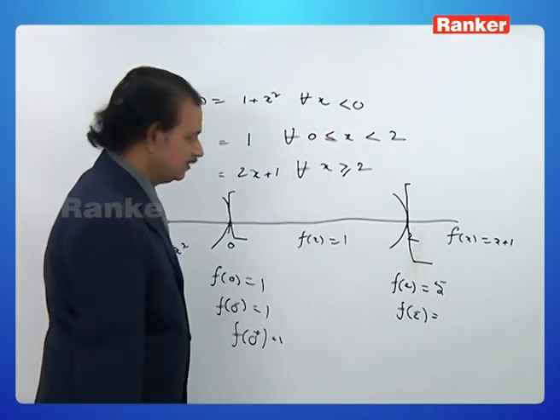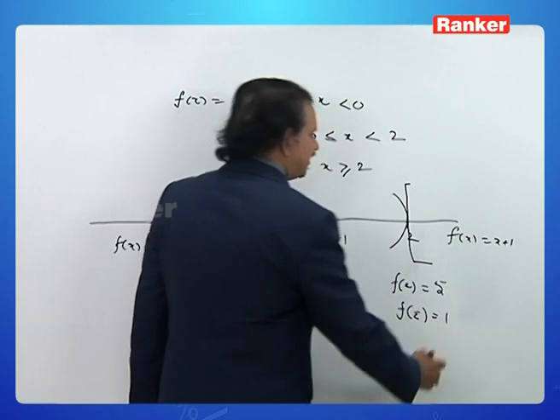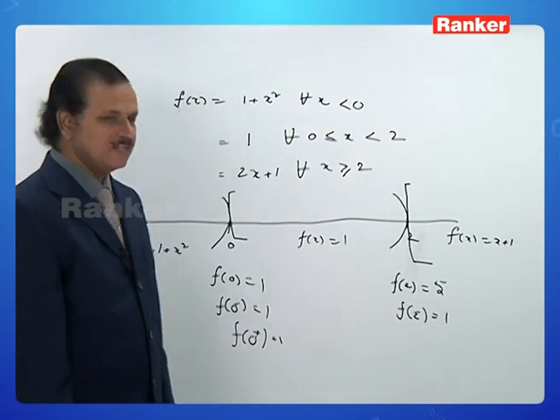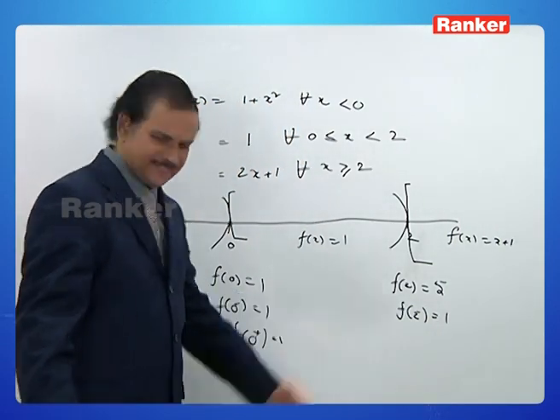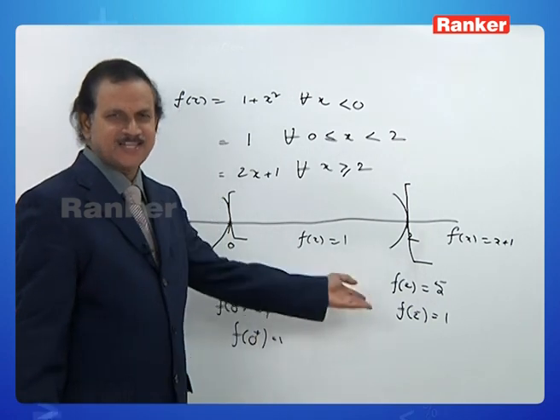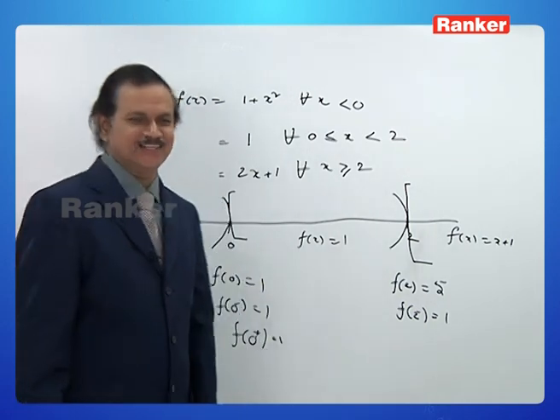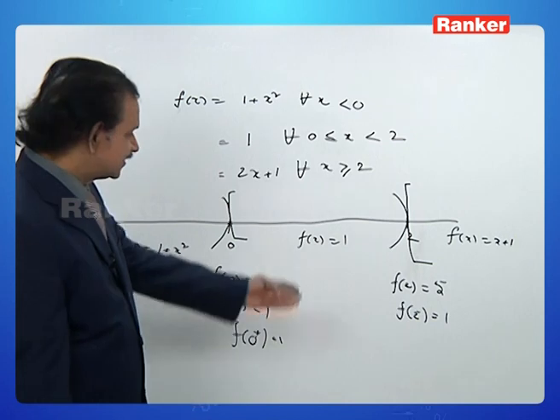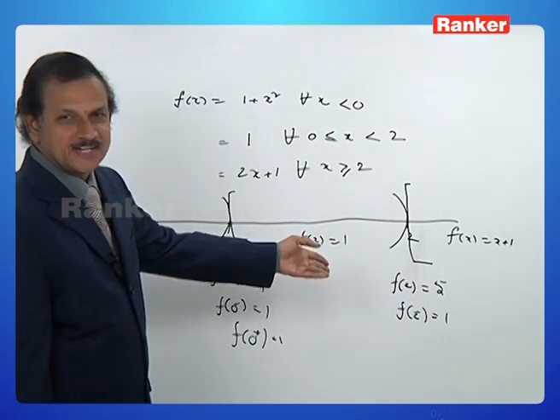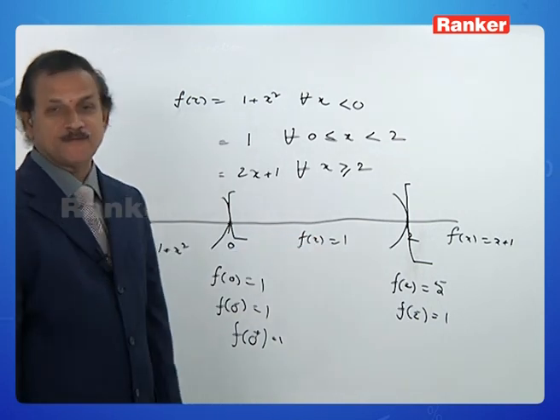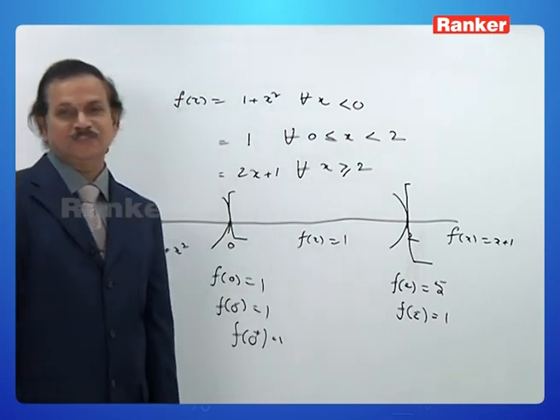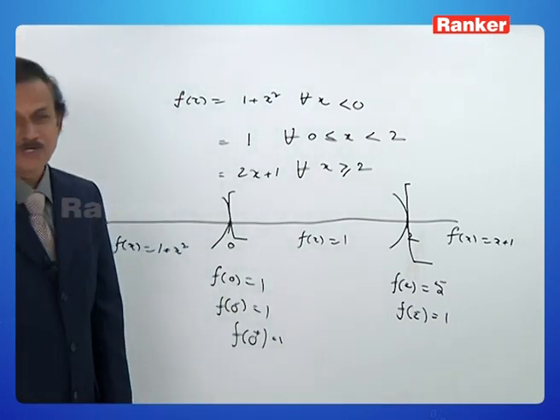It is 1. Enough. The picture is very clear. It does not have left continuity. f of 2 is equal to 5, but f of 2 from left is 1. So it is discontinuous at x equal to 2.